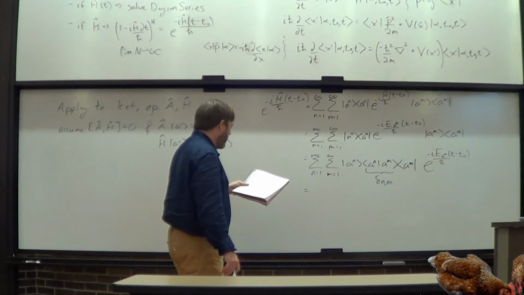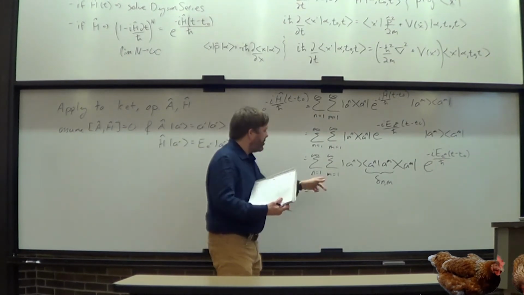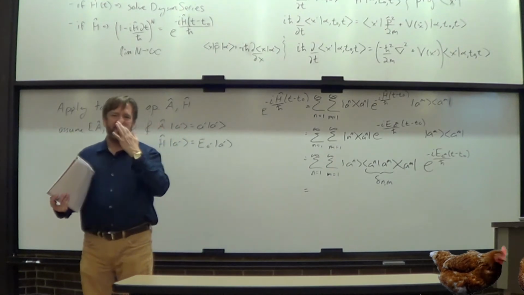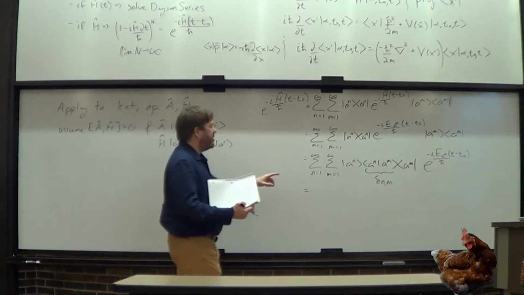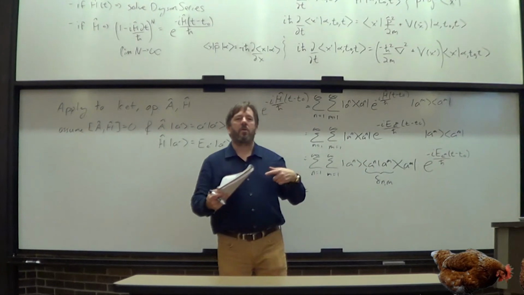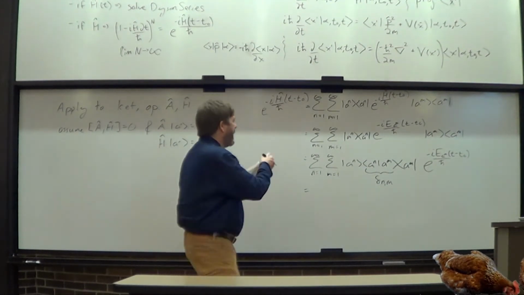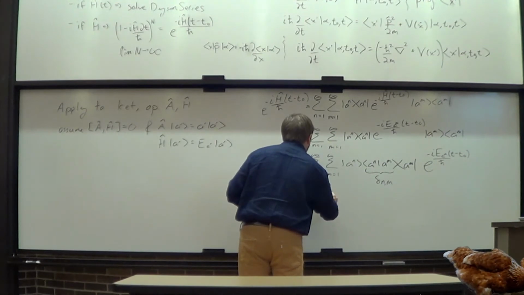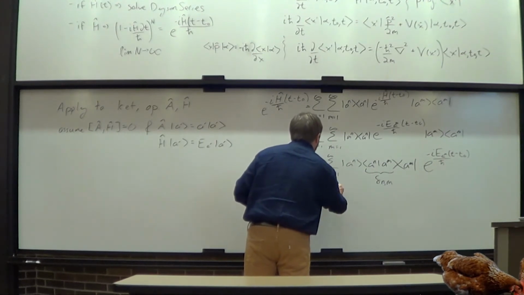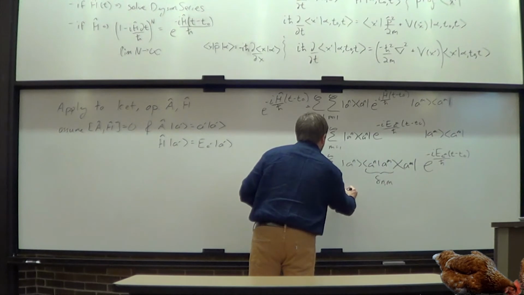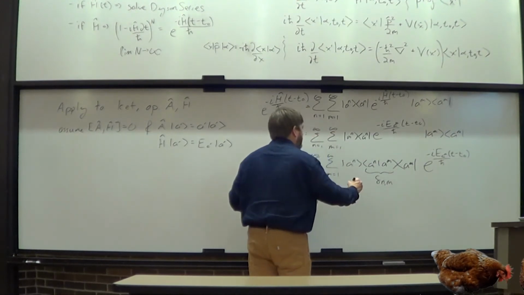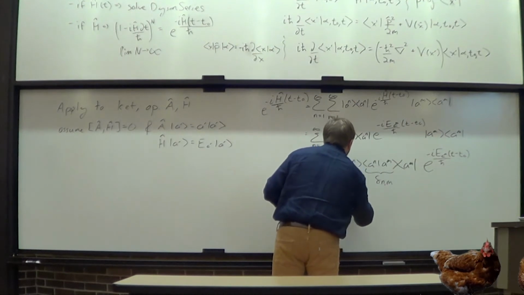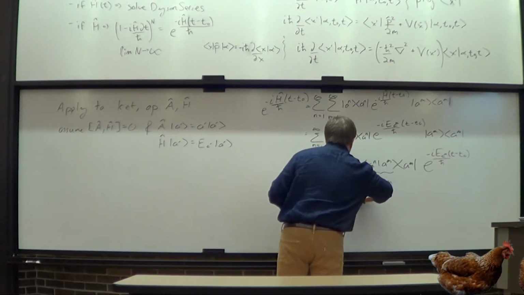Now remember that what I've got to do is choose. I'm going to wipe out a sum, which is awesome. I like getting rid of stuff like that. Then I choose to either make all the n's m's or all the m's n's. I've been using n a lot, so I'm going to keep n and get rid of m. Anywhere I write an m, I now write an n.